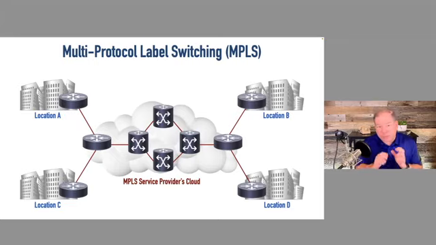Those are experimental bits. That's quality of service. We've got 3 bits inside of that MPLS label that we can use to mark a priority value. Now, those of you that have taken quality of service training from me, you might remember that we typically mark at layer 2 with a COS value, at layer 3 with an IP precedence, or more likely a DSCP value.